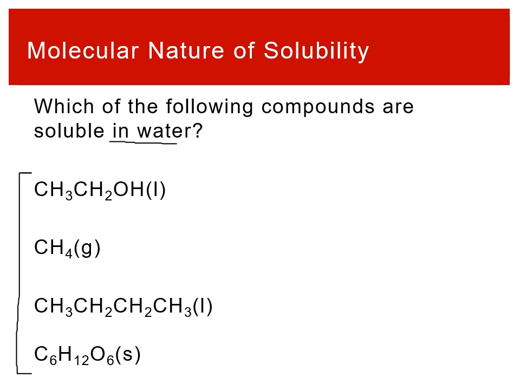So first one, CH3CH2OH. We know this is an organic compound. You'll note all of these are organic. There's lots of carbon. And what we want to focus in on is this OH. That's in the condensed formula. We know that if we wrote out the molecular formula for ethanol, we'd have this OH. That can form hydrogen bonds.